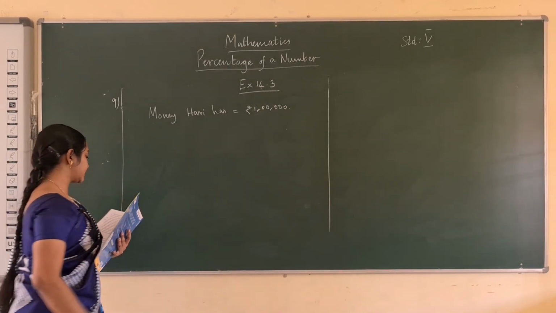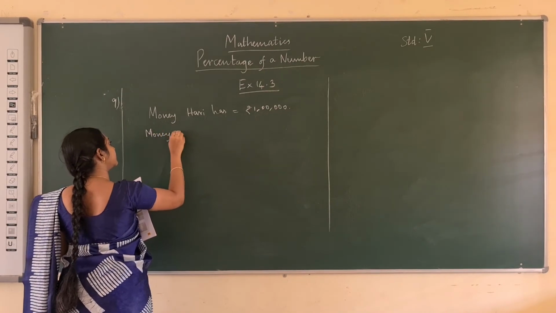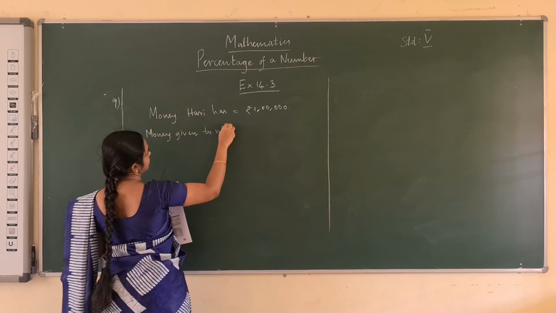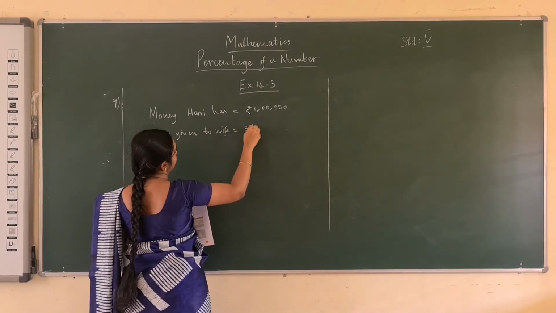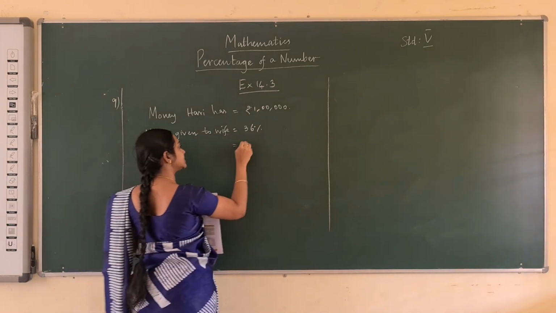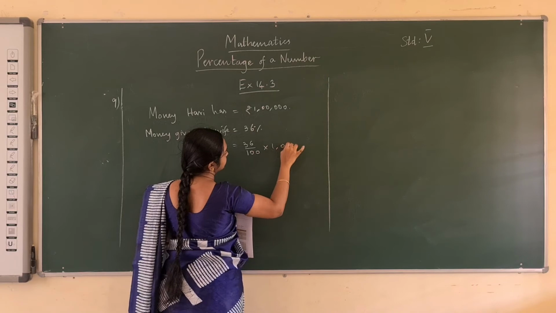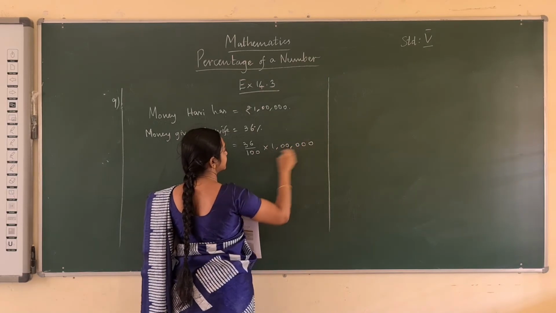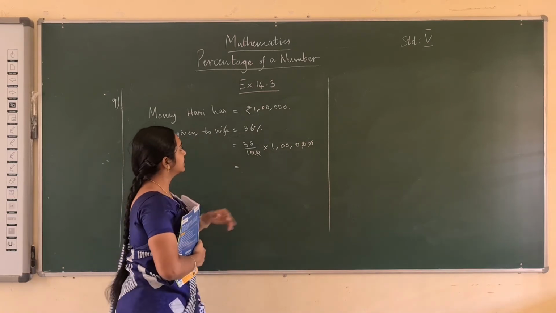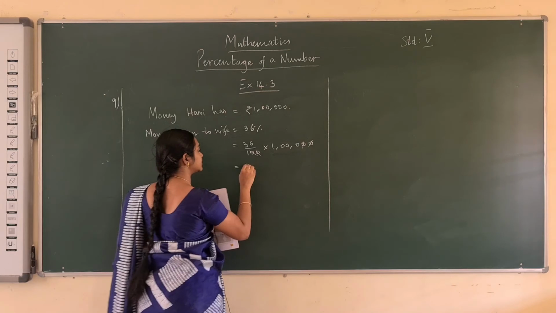Money given to his wife is 36%, which means 36 by 100 into 1 lakh. So simplify the zeros and multiply 36 into 1000. So it is 36,000.